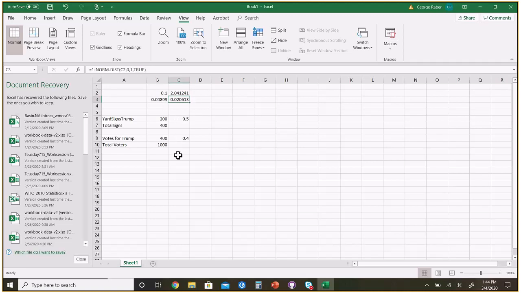Would we say that they probably are equal? Well, if this number is bigger than our confidence level, we didn't decide on a confidence level, but let's just say it's 0.5, then we say that they are equal. If not, we reject it and say that they aren't equal.